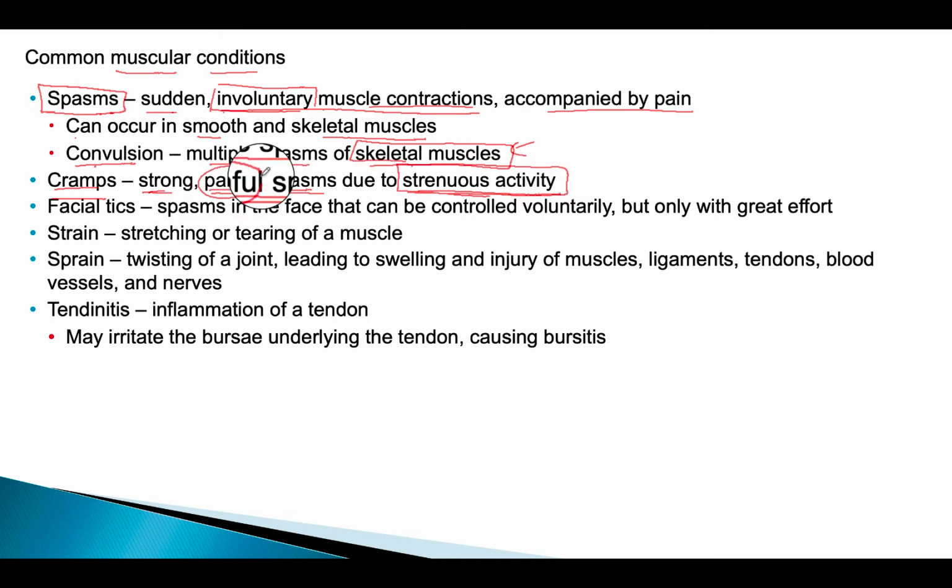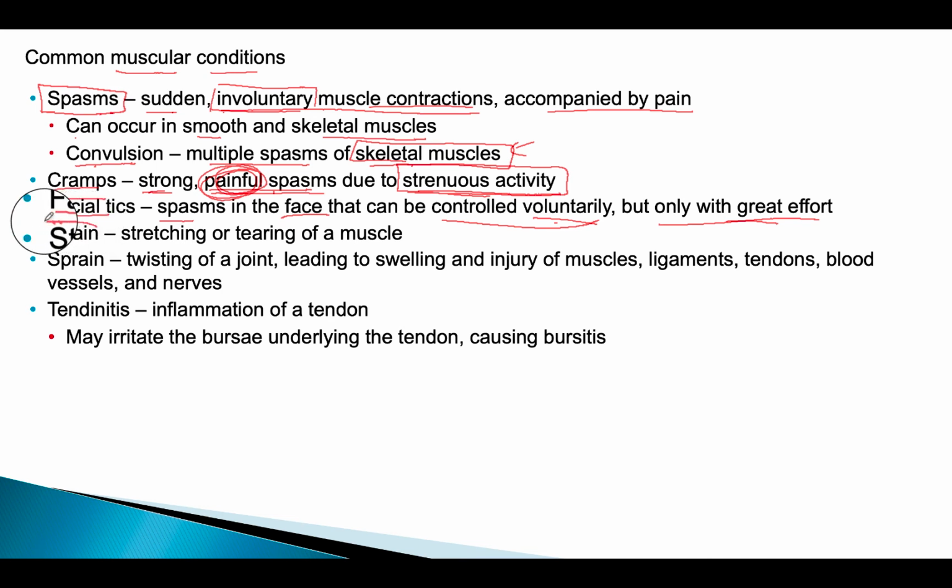Leading to this painful experience right there. Facial tics, another form of spasms here, right? In the face now. This can be controlled voluntarily, but only with great effort. So more often than not, it cannot be controlled, but it can be controlled voluntarily with great effort.